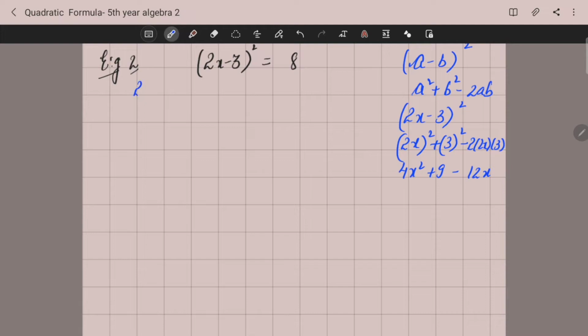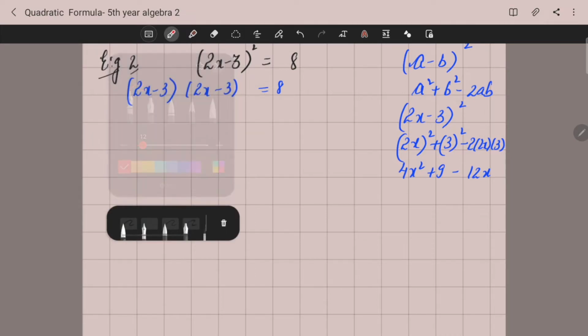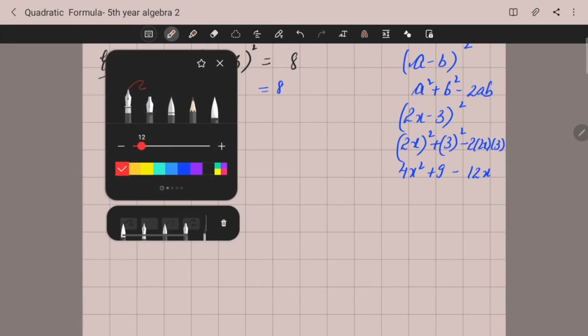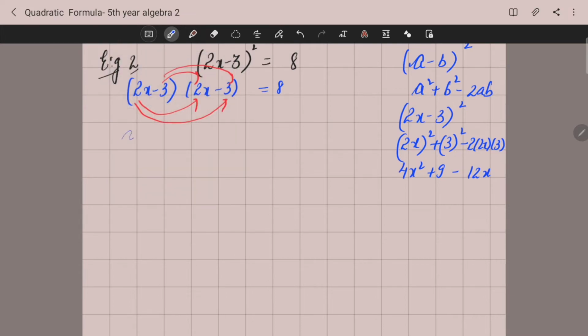Or we can solve it this way, 2x minus 3 times 2x minus 3, and we will multiply. 2x into 2x gives us 4x square. We multiply this with this and this, after that this and this, so it gives us 4x square minus 6x minus 6x, and 3 into 3 is plus 9, is equal to 8.